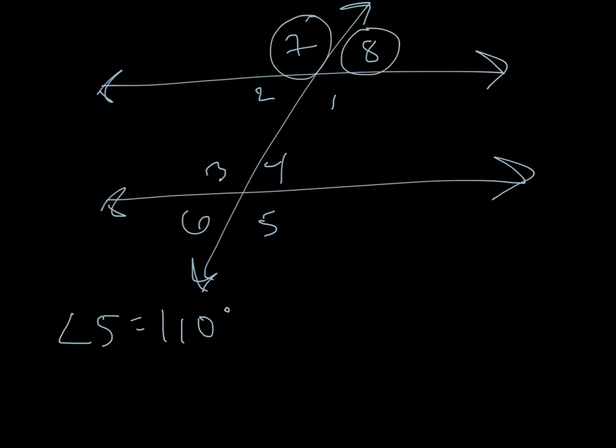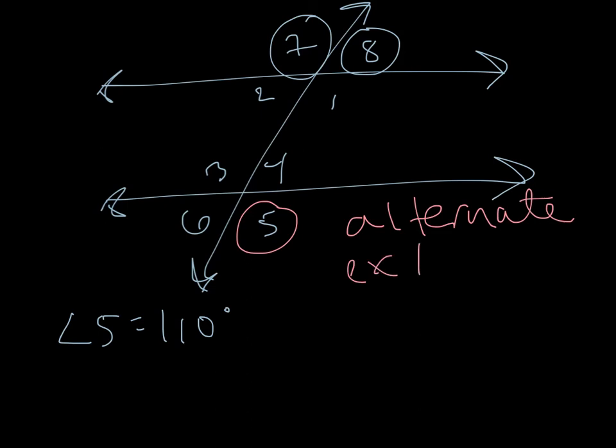Well, 5 and 7 are called what? 5 and 7? They're alternate exterior angles, right? So that would be my reasoning. If I asked you to explain your reasoning, how you found the measurements, that would be your reasoning to say that angle 7 equals 110 degrees.